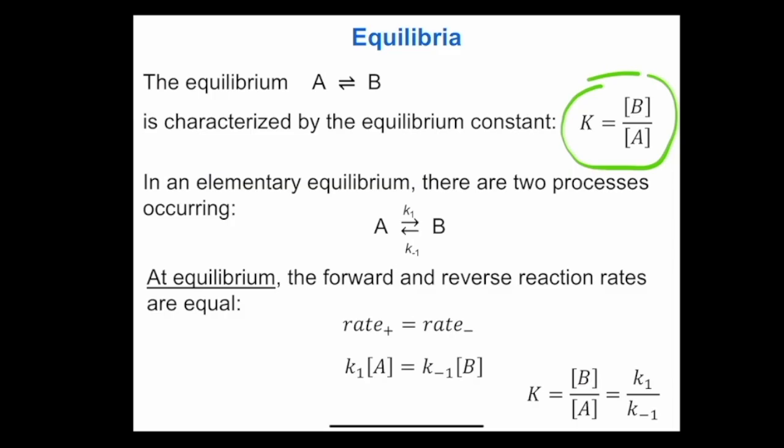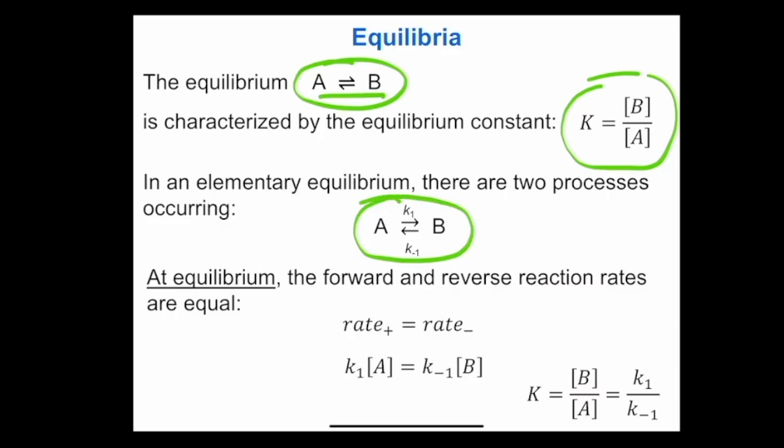So if we view an equilibrium process, instead of thinking of it as A is in equilibrium with B, decompose it into this. A in equilibrium with B is actually a two-step mechanism.